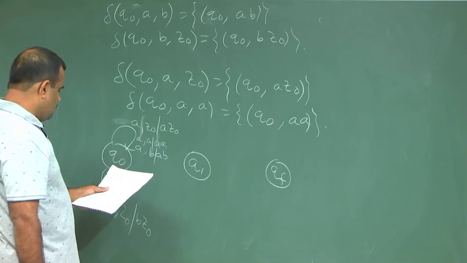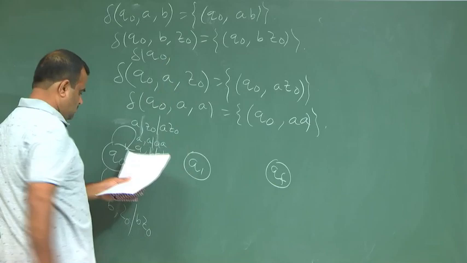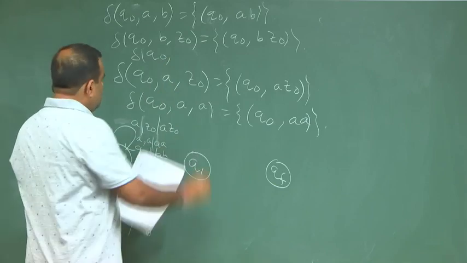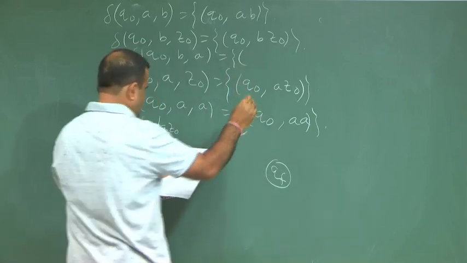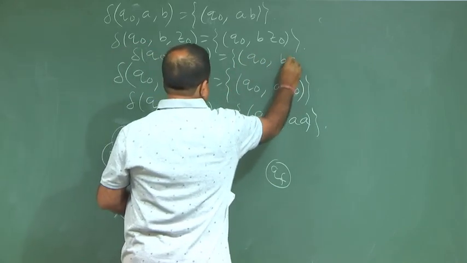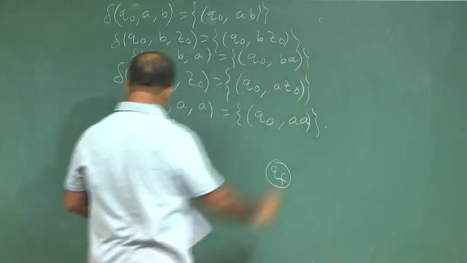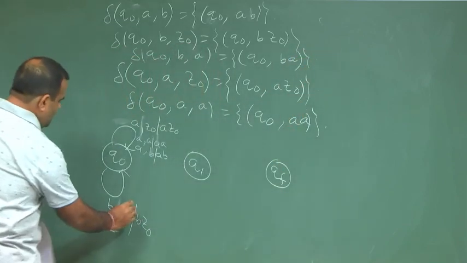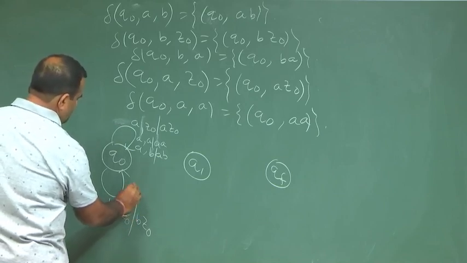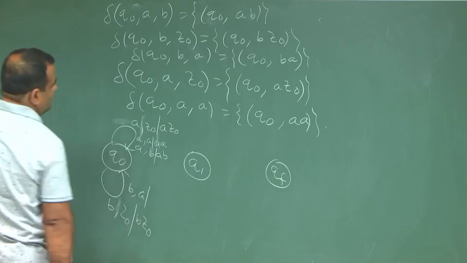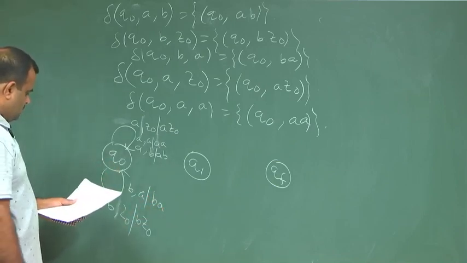And we have one more, delta of Q0 B A. This is going to be replaced by Q0 B A. So if we have a B and if the stack is A, then it will be B A and we remain at Q0.